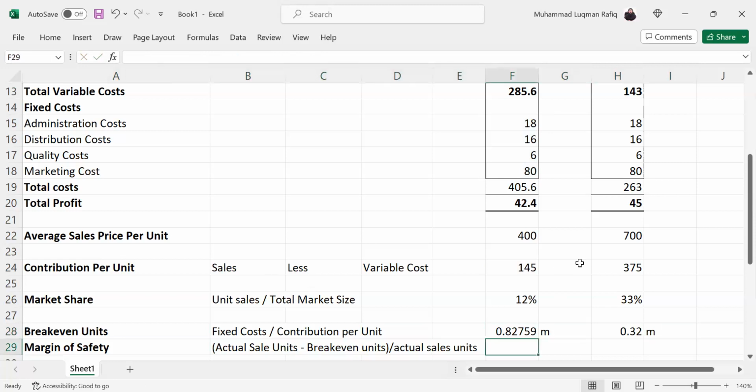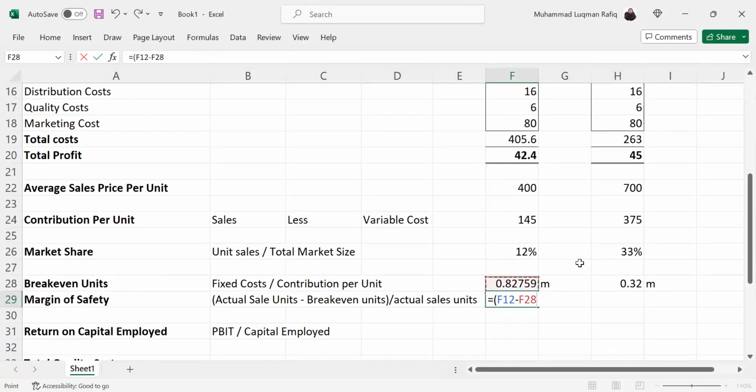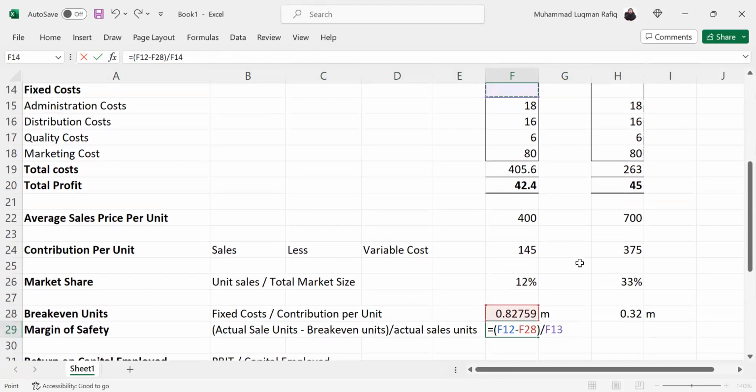Now margin of safety is the actual sales units, which is 1.12, minus the break-even sales units, divided by actual sales units.